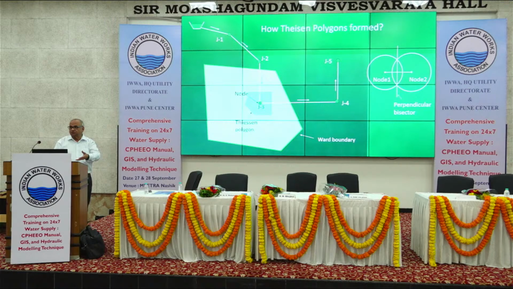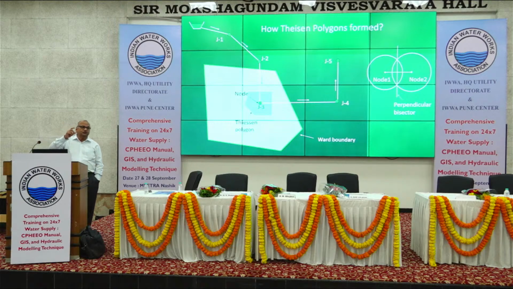Then suppose your base year is 2025, immediate means after 15 years it is 2040, and ultimate is 2055. I was talking about this: that is the perpendicular bisector of the two nodes.